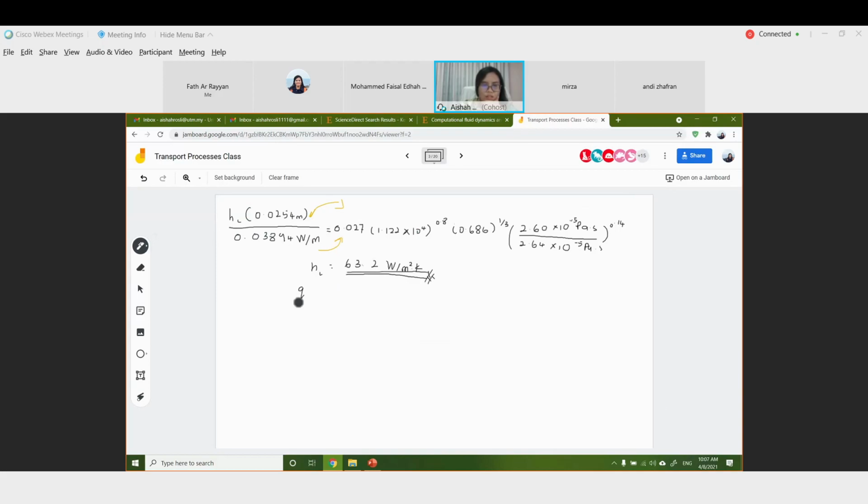Heat flux is the rate of heat transfer Q divided by the area, which equals h L, the heat transfer coefficient, times delta T. The delta T in this case is T wall minus the temperature of air going in. For h L, we have 63.2 watt per meter squared kelvin.